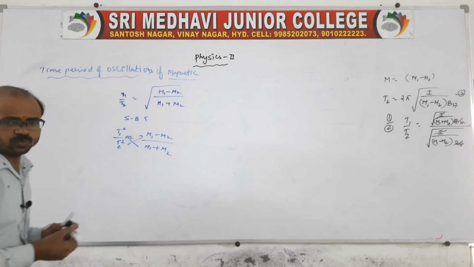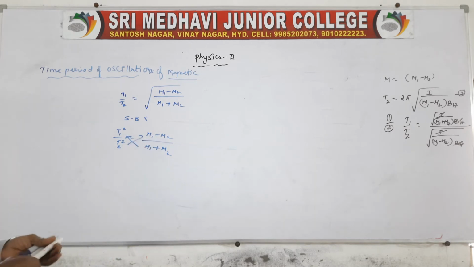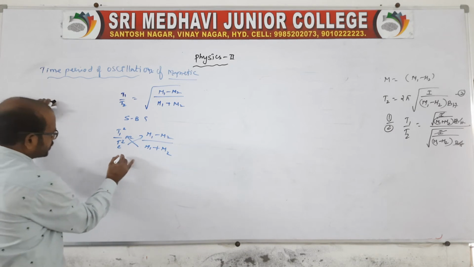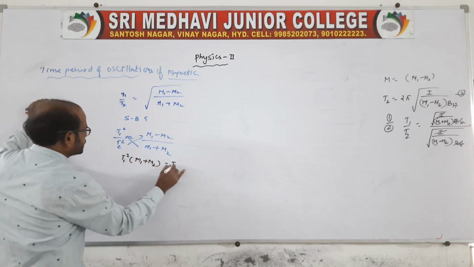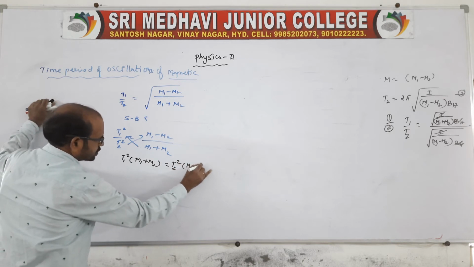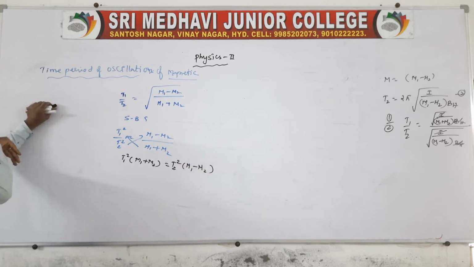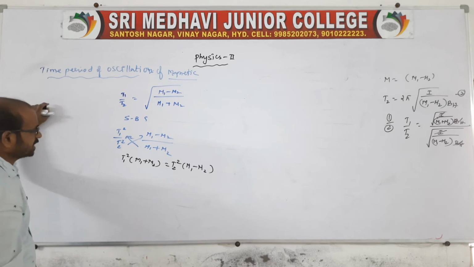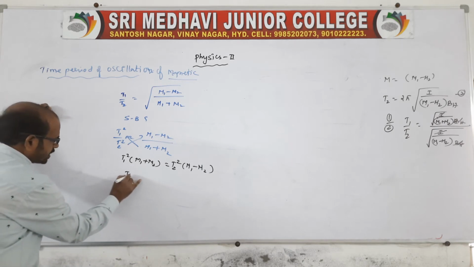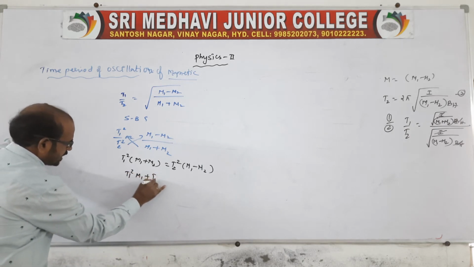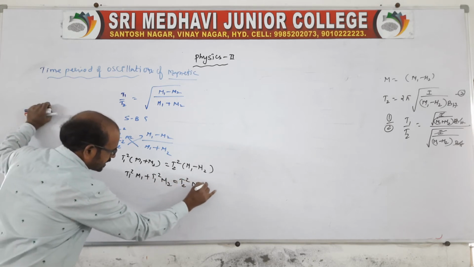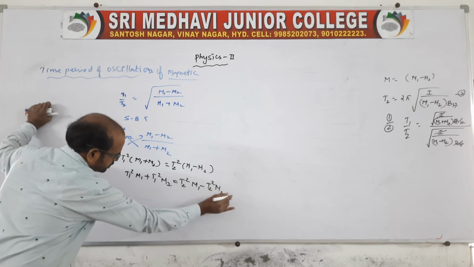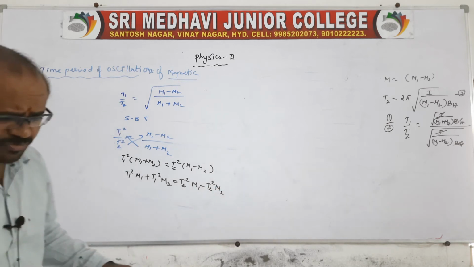So T1²(M1 + M2) = T2²(M1 − M2). Now multiply this, right? We need to get M1/M2, so T1²M1 + T1²M2 = T2²M1 − T2²M2, like this if you multiply.